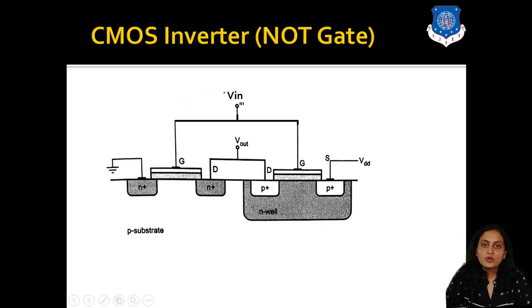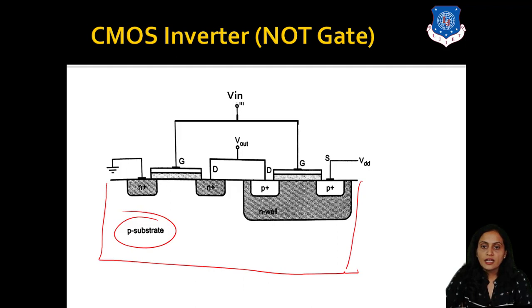Now we will see the CMOS inverter, which is also referred to as the NOT gate. The logic gate which gives the functionality of the NOT gate is shown over here. This is a P-type substrate, for example. And in that the N-well is created, and the P plus regions stand for the drain and source.